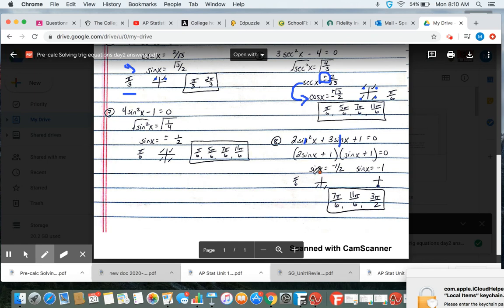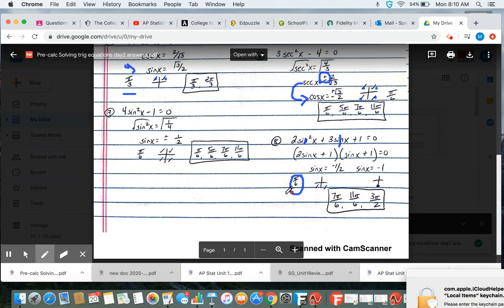Sorry, so what angle has a y value of negative 1/2 or negative 1? And that would be pi over 6, right? But again, this right here, and eventually we're going to start talking about non-special angles with the calculator, and that's when we introduce the idea of reference angles. So pi over 6 is my reference angle, right?